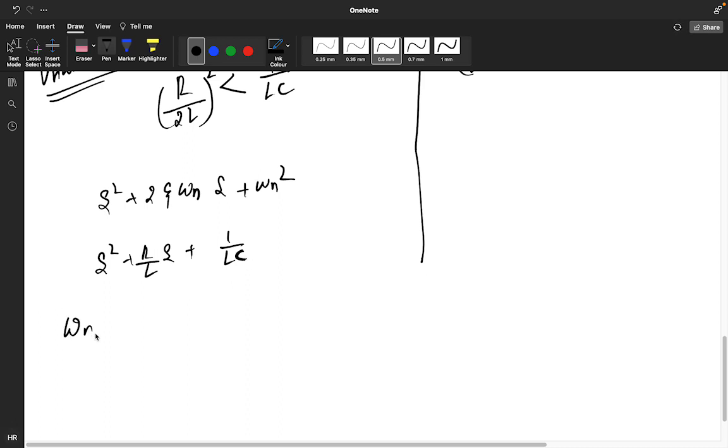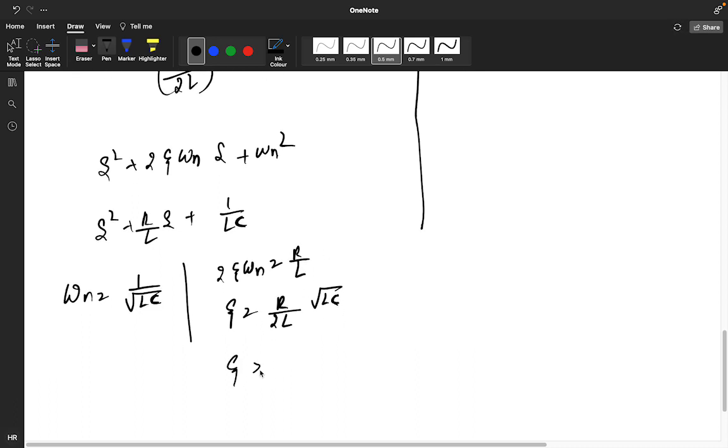So what is the omega n value? Omega n is 1 by root under LC. And what is the 2 zeta omega n value? It is R by L. So what is the value of zeta? R by 2L root under LC, if it goes to that side. So the zeta value is nothing but R by 2 root under C by L.